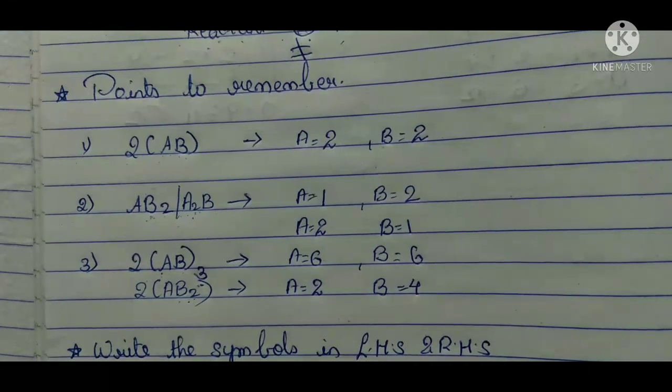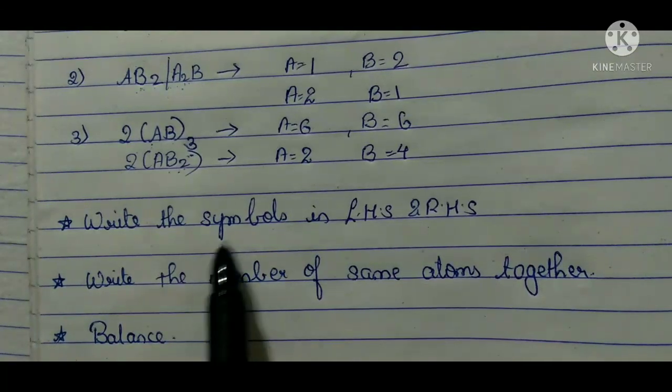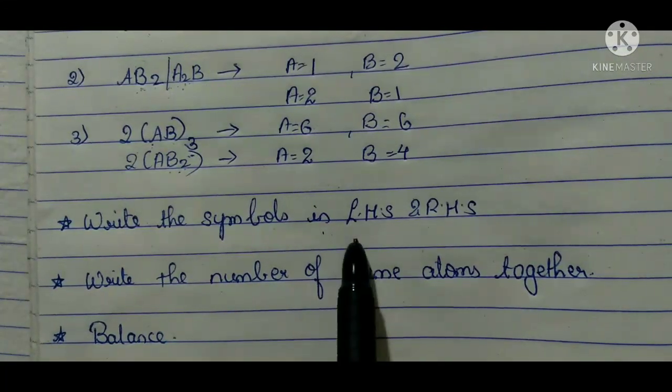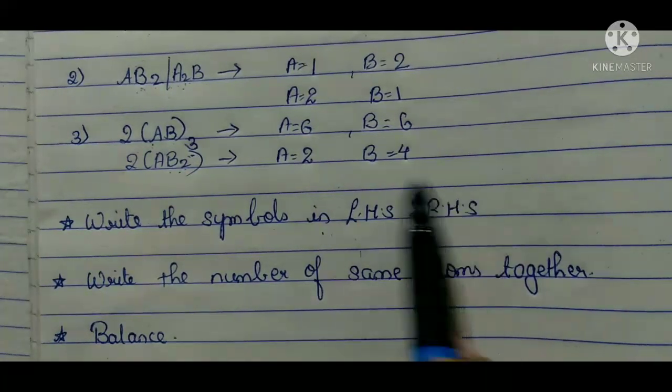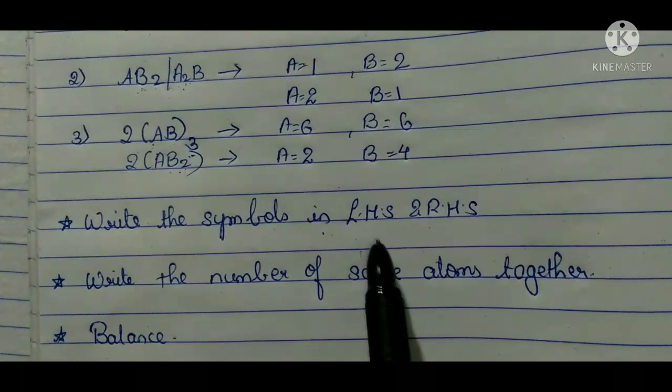Now what are the steps we have to follow? First one, you have to write the symbols of the molecules of the elements present in the reactant as well as in the product. You have to write all the symbols. I will show how with the help of an example.